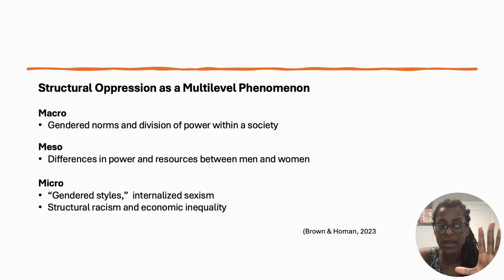So looking at macro, meso, and micro factors, how this impacts health outcomes. So it's not just looking at social determinants of health in a vacuum, but looking at the wider social structures, including structural oppression at various levels that work to really maintain the status quo.